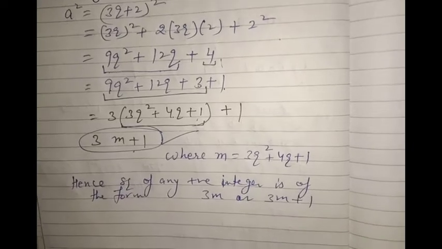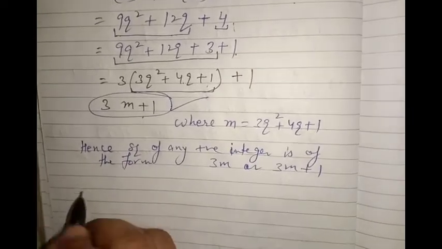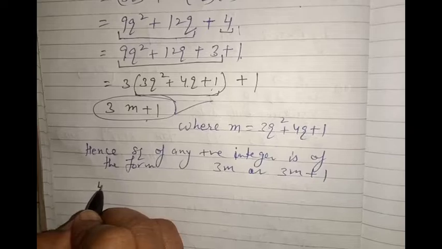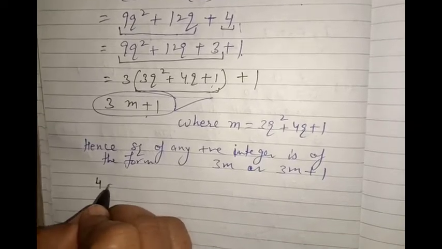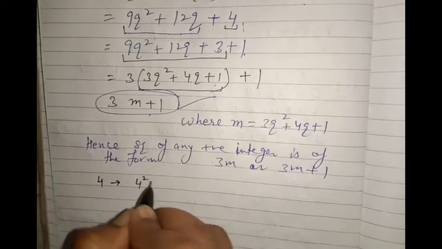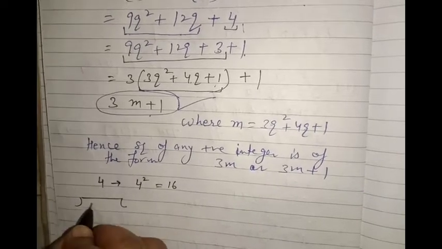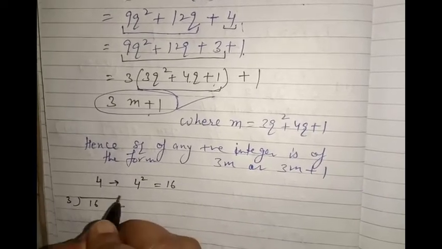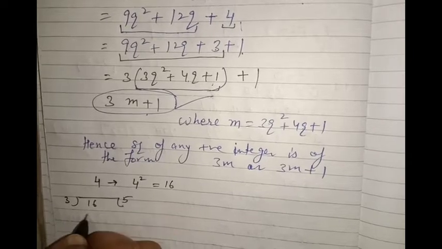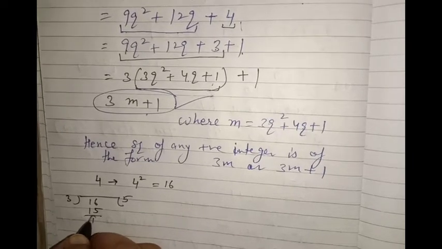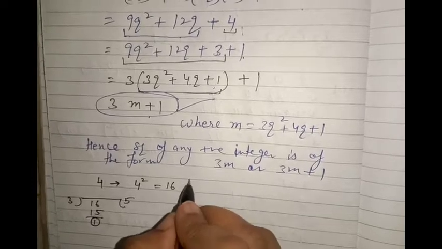Now take any number. Suppose I take the number 4. Now square it. Square of this is 16. Now divide this 16 by 3. 3 fives are 15. Then what is the remainder? 1. Now take any other number.